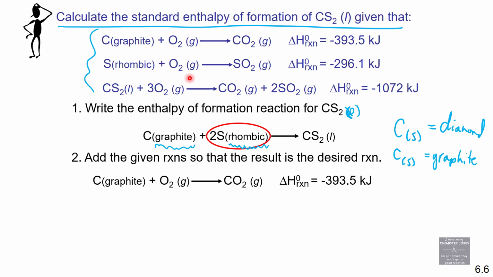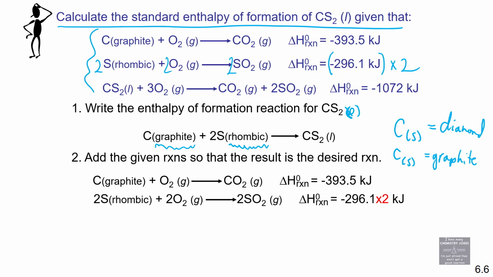So I need to multiply this entire equation by 2 in order to get my eventual equation to add up to what I want it to be, to add up to my desired. So multiply the entire equation up there by 2, which also means multiply the delta H by 2. Whatever you do to the equation, do the exact same thing to the delta H.